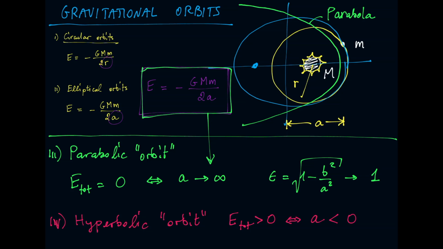But mathematically I can still express it in the same language, and in that case the eccentricity would actually be bigger than 1, which again doesn't make much sense for the equation of an ellipse, but I can still use the same type of formalism.